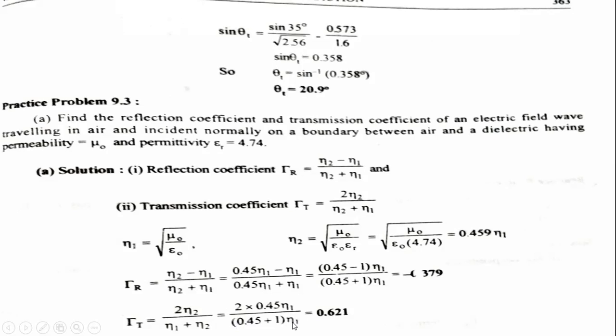So likewise these two will be cancelled out and you will get 0.621. So in this way you can calculate the reflection coefficient tau r, you can calculate the transmission coefficient tau t, you can calculate the unknown parameters eta 1 and eta 2, and substitute the eta 1 and eta 2 values in tau r, likewise in tau t. So you will get the answer.